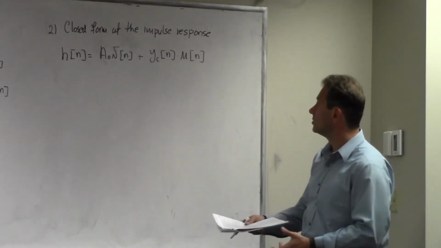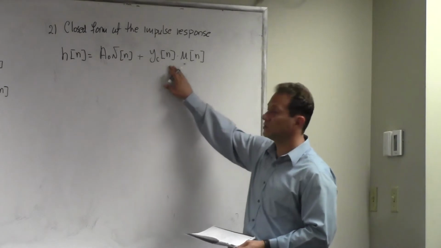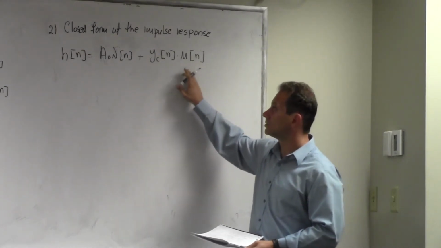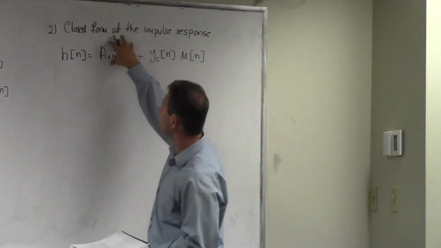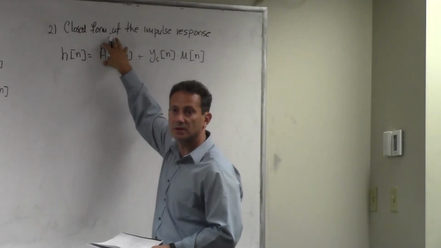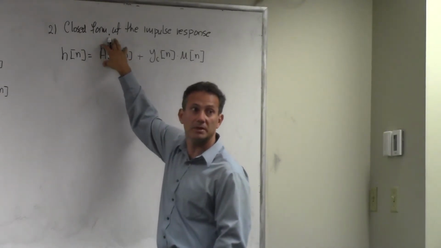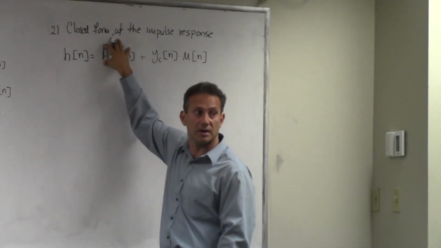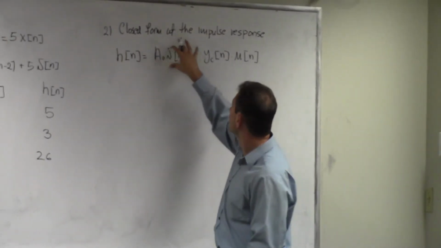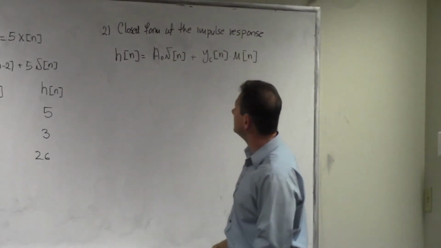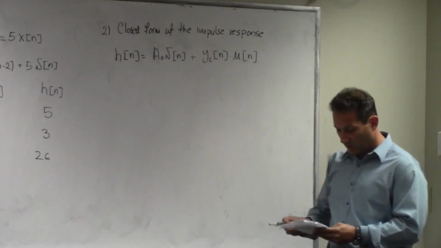And we know that the response of that kind of system is going to consist of the natural modes. So every impulse response will consist of two parts. It's going to have this impulsive part that may or may not be there, depending on whether there's a coupling between input and output. And this part here that is going to consist of the natural modes.